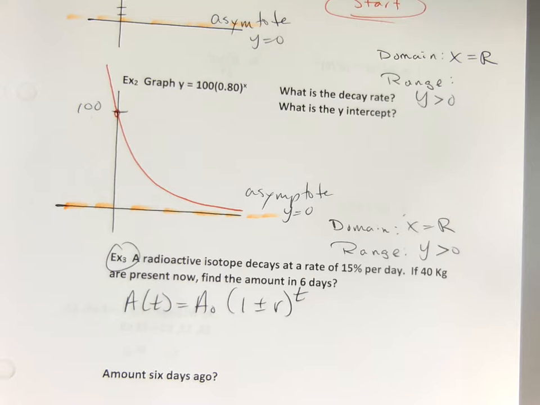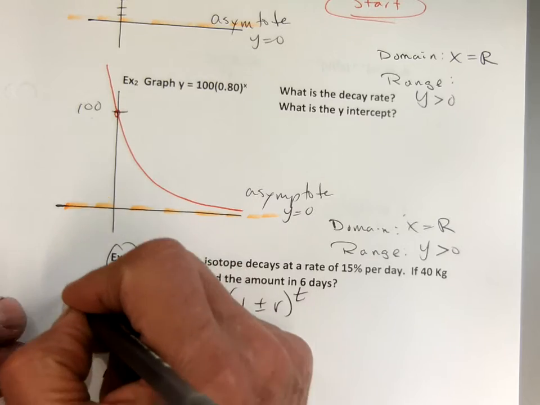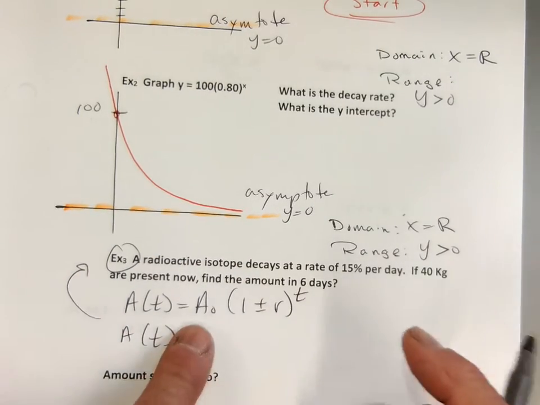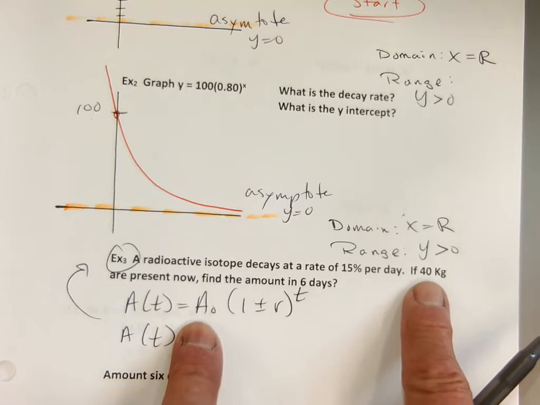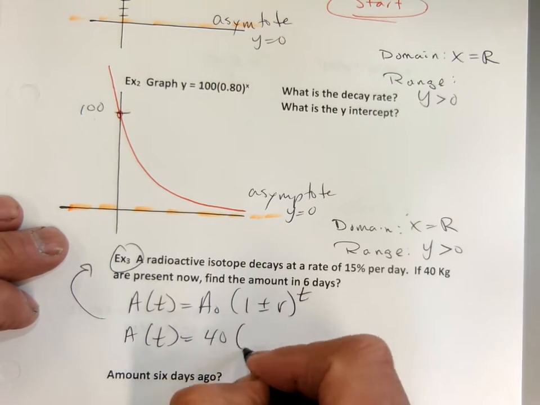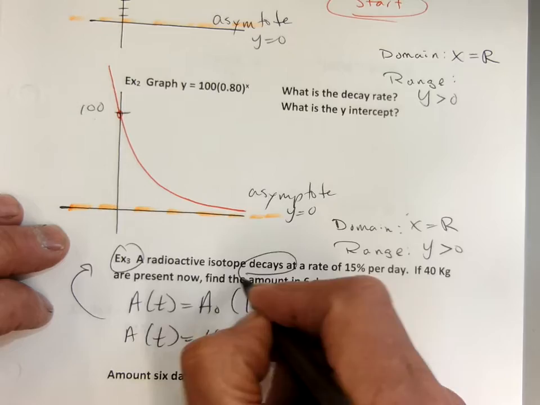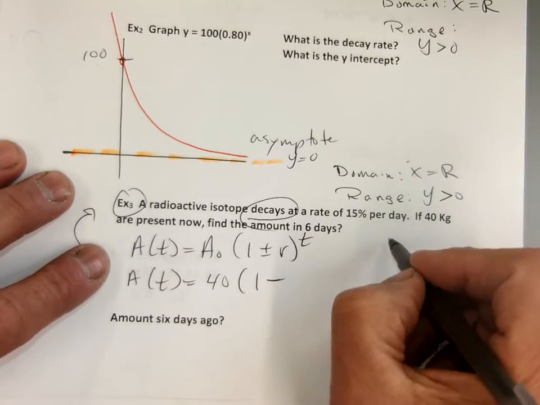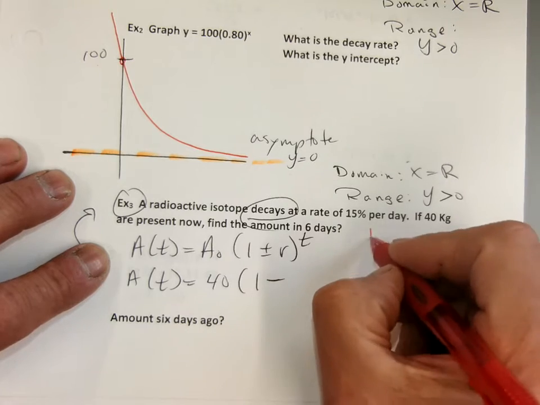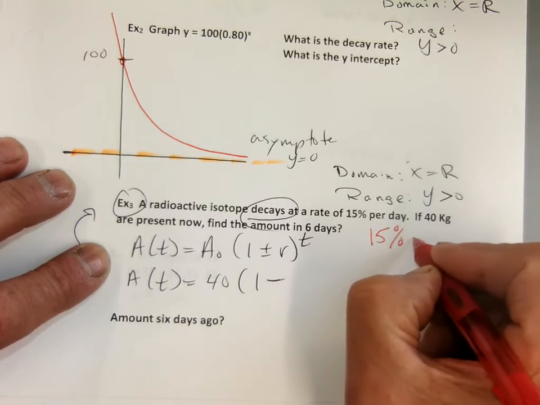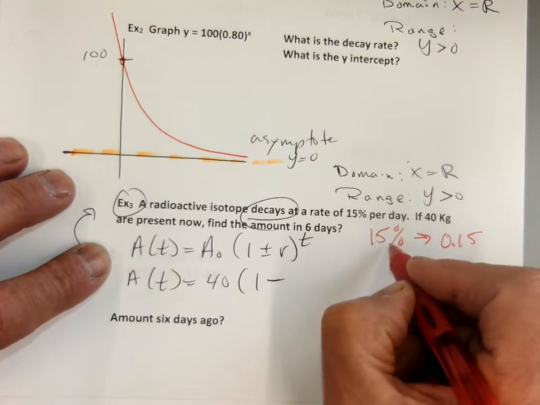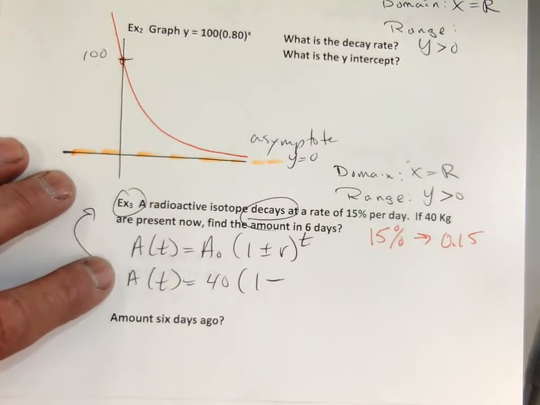So if I want an equation for this example, let's see what I'll have. I'll have A of t equals A of 0, my beginning amount, just 40 kilograms, times 1, and it's decay, so minus, right? 15% is the same as 0.15 because we moved the decimal 2 places, right?